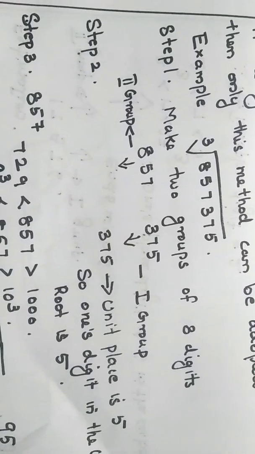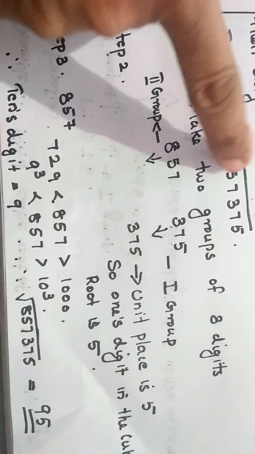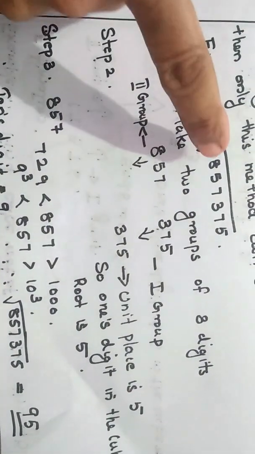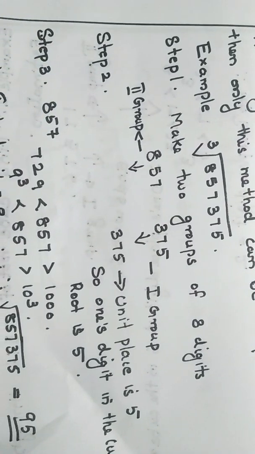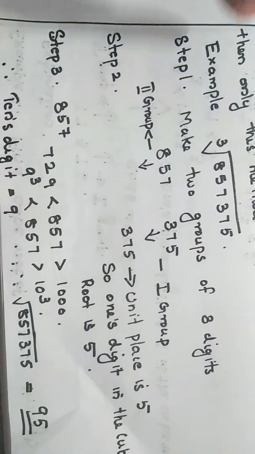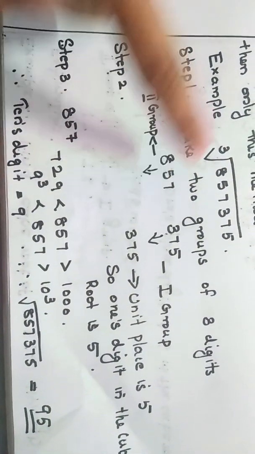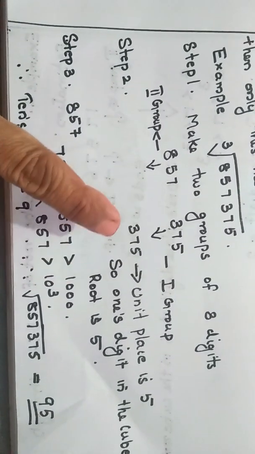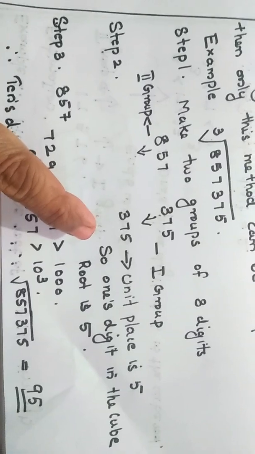That is, if the question is to find the cube root of this number, here 6 digits are there. From right, we will group them into two groups. First group 375, next 857. So 375 is ending with the number 5.